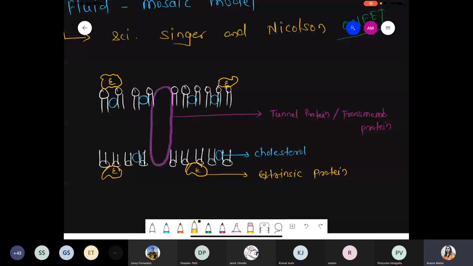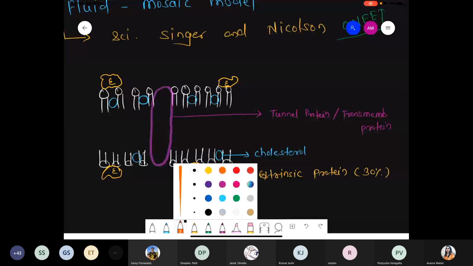Next is the intrinsic protein, and its concentration is always more than the extrinsic. The extrinsic protein concentration is about 30%, and the intrinsic protein concentration is quite a bit more, approximately 70%.